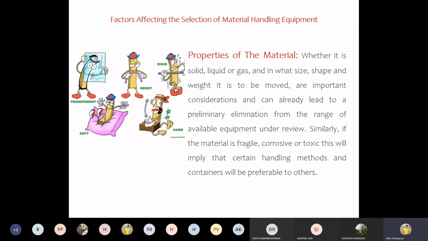But when it comes to a very practical way of doing work, we never follow. Suppose you take the properties of a material, whether it is solid, liquid, or gas, and in what size, shape, and weight it is to be moved. These are important considerations and can already lead to a preliminary elimination of a range of available equipment under review.